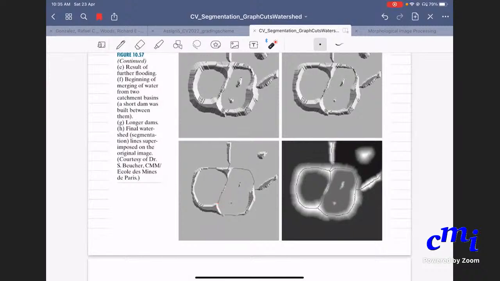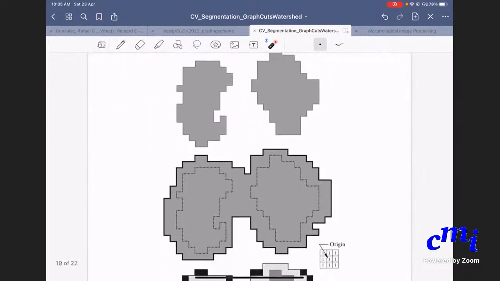And building of these dams is essentially done using morphological processes, okay.